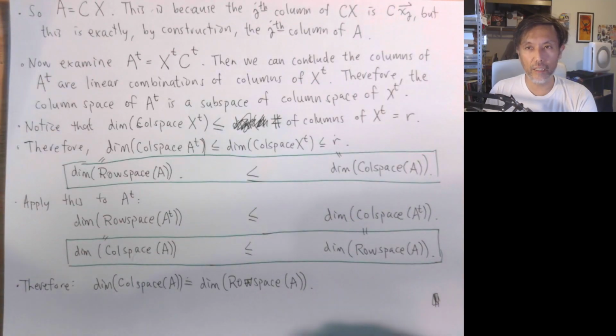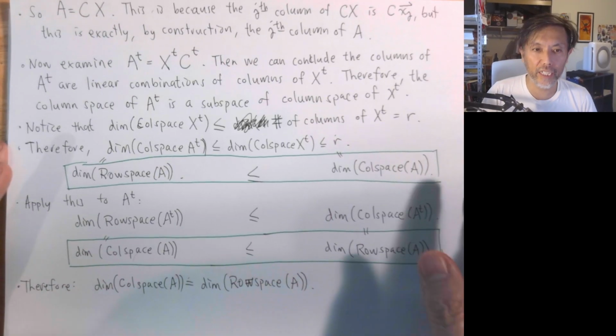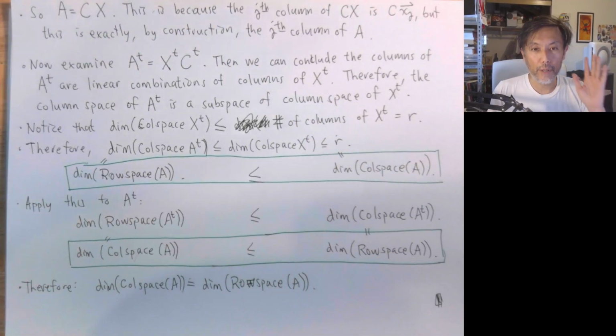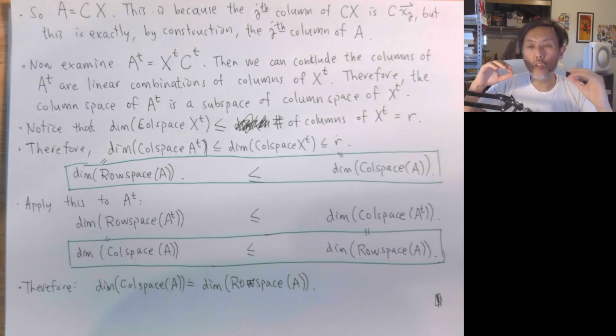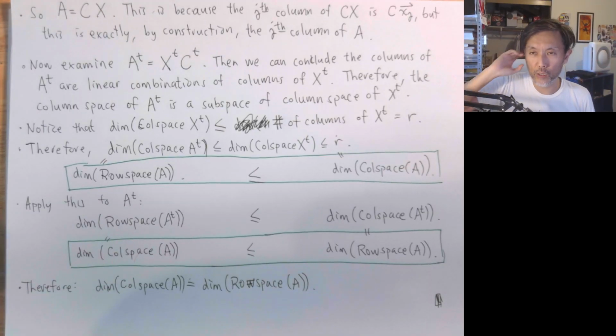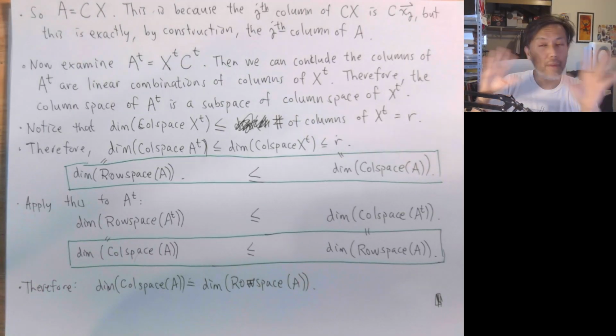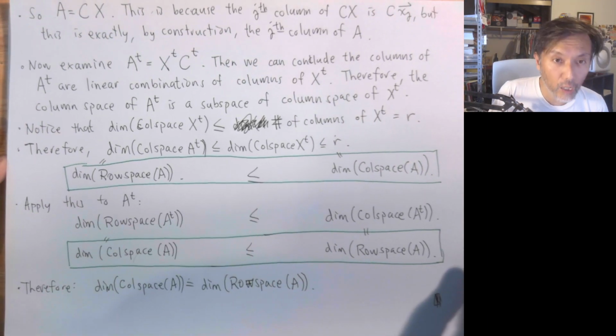It's important to know about. But now we know this miraculous theorem that even though these spaces, the row space and the column space, feel like they live in different universes, one thing that we know, no matter what the matrix is, is that they always have the same dimension. Okay, cool.